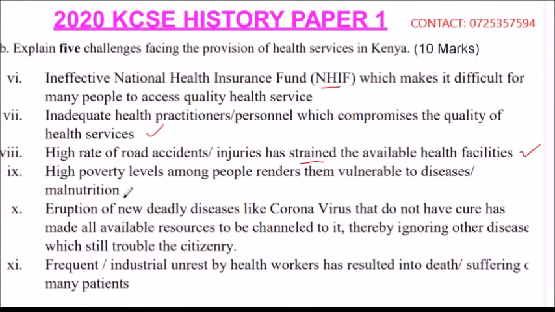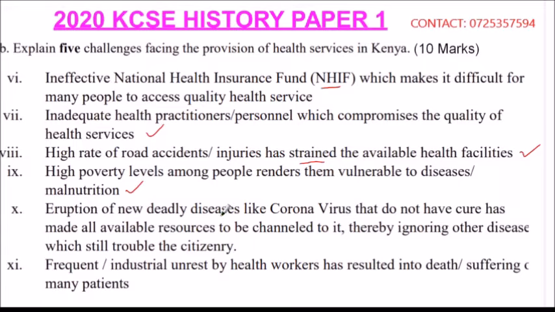So with poverty, people are not able to afford the right diet. They can't afford to live at a standard that would help them to live a better life. So that also is a challenge.